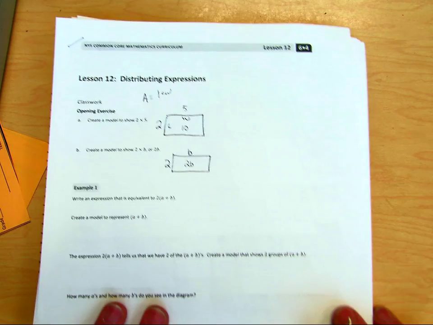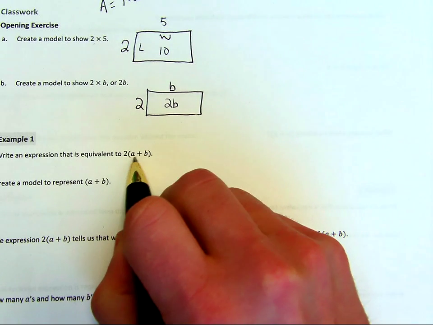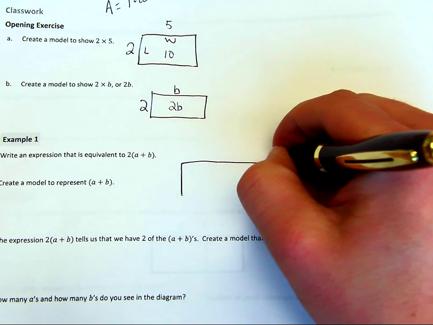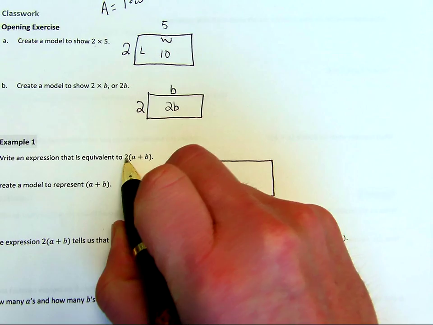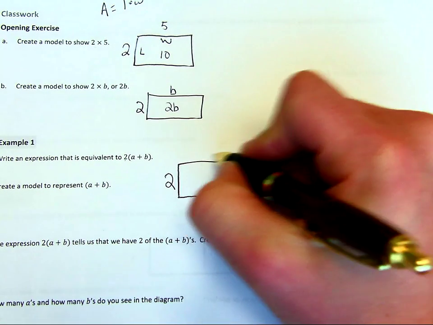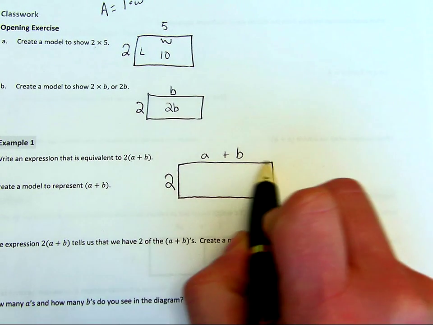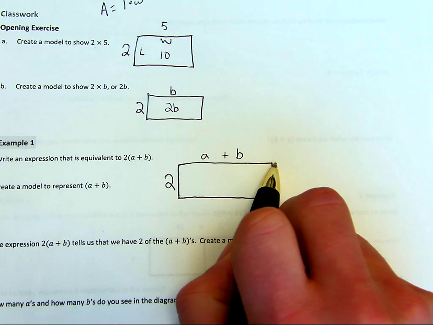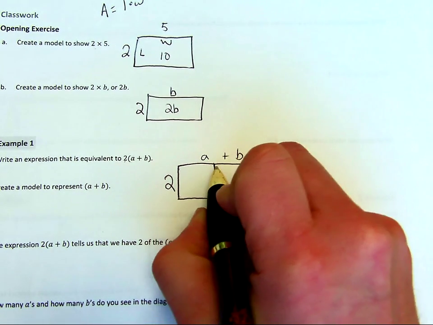Now when I get into an expression like this one, 2 times the quantity of a plus b, then I'm going to say, okay, my length is 2 and my width is a plus b. So I don't know how long this side is, but I know the distance from here to here is the length of a, and it doesn't matter where you put the line.